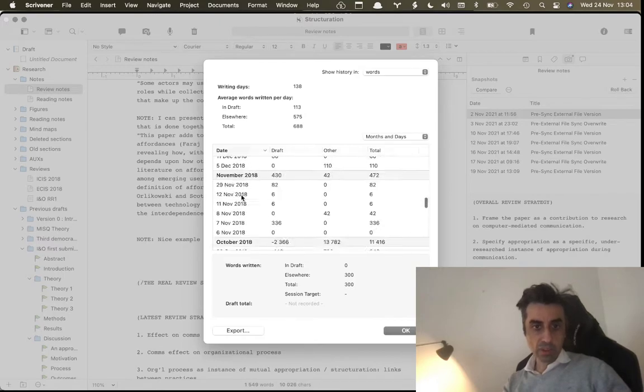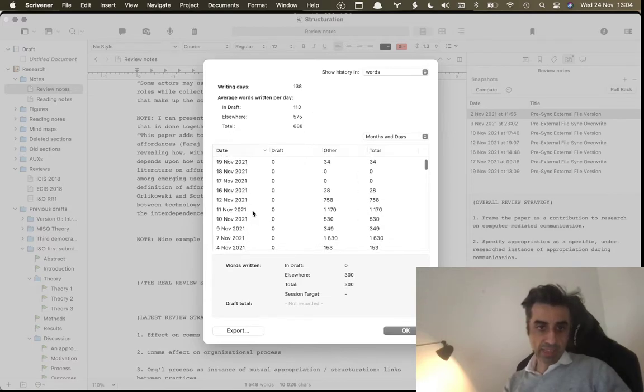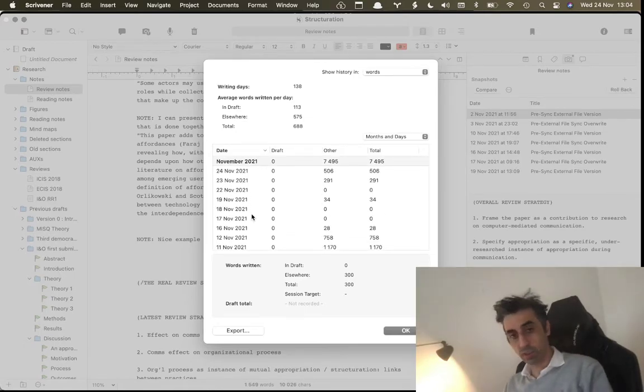But okay, so 128, it's like a third of the year. Knowing that there are a few days here that are from this year after I got to revise and resubmit, that basically means that I can do 3 of these big papers. This is a big one. 3 of these big papers per year.